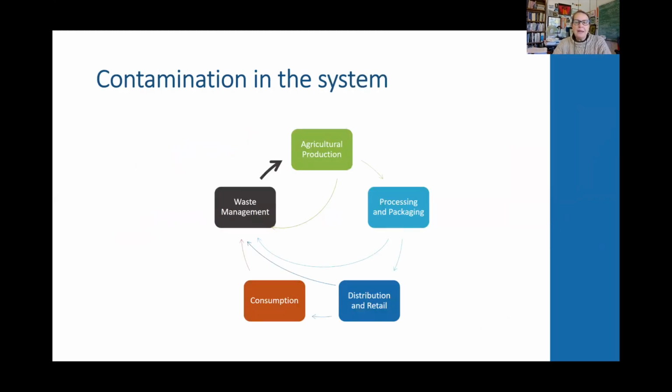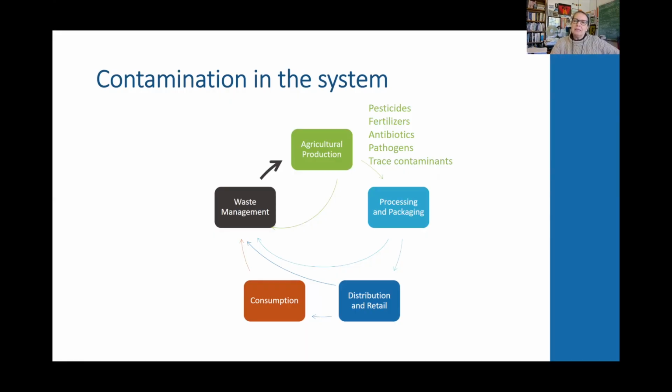So the contamination can come at any stage of the food system, from inputs at the agricultural production level where pesticides, fertilizers, antibiotics can be added into the system on purpose. Pathogens can be introduced into the produce through management options. So if there are animals on the farm, the use of manure can transmit pathogens onto the produce before it's actually taken off the farm.